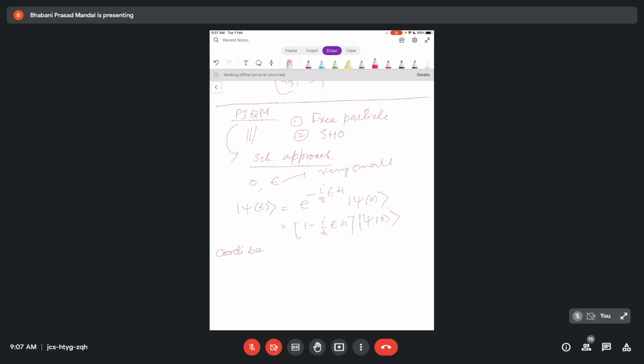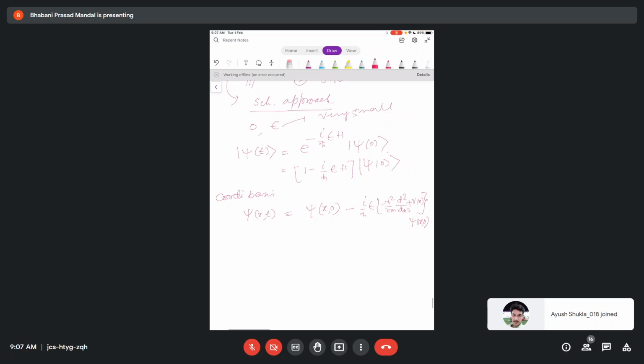In the coordinate basis, psi of x at epsilon should be psi of x at 0 time, minus i h cut epsilon H, and if you have a one-dimensional system, H is minus h cut square by 2m d2 by dx square plus V of x, times psi of x at 0 time. Now the same quantity you can calculate using the path integral approach.